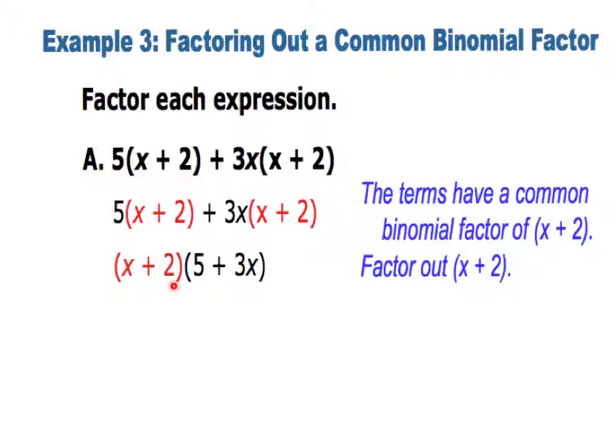Let's say I were to pull this binomial out, and this here is gone, that disappears, and not only that, but this here disappears because I pull it out front. Well, if that happens, then what's left? I pulled it out front, and then what's left? Well, I'm left with the 5 plus a 3x. That is called factoring by grouping.